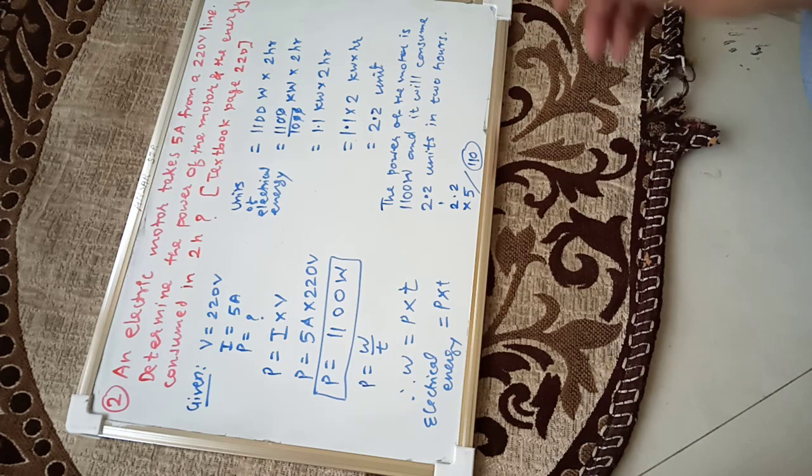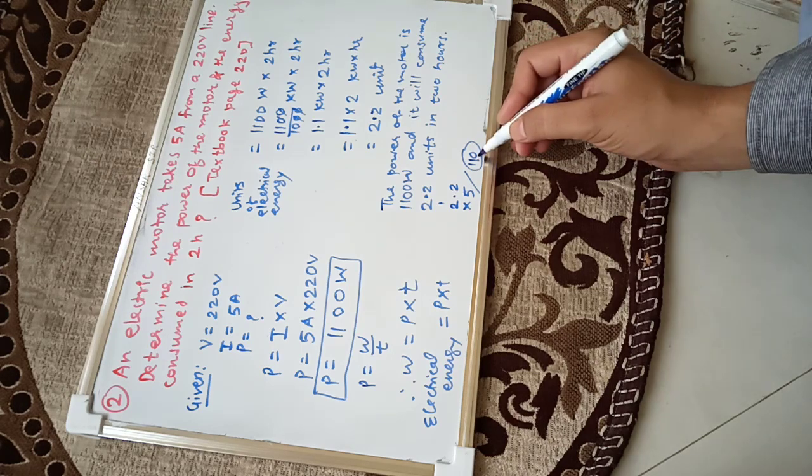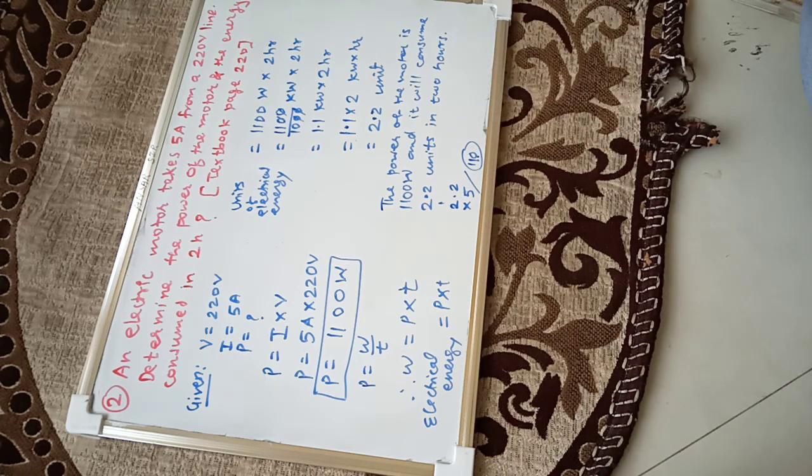So the electricity bill for using the motor for 2 hours would have been 11 rupees. The point will also be there. So that would be 11 rupees. If we use this motor for 2 hours, and the electricity bill comes at the rate of 5 rupees per unit, then we would have to pay 11 rupees for using the motor.